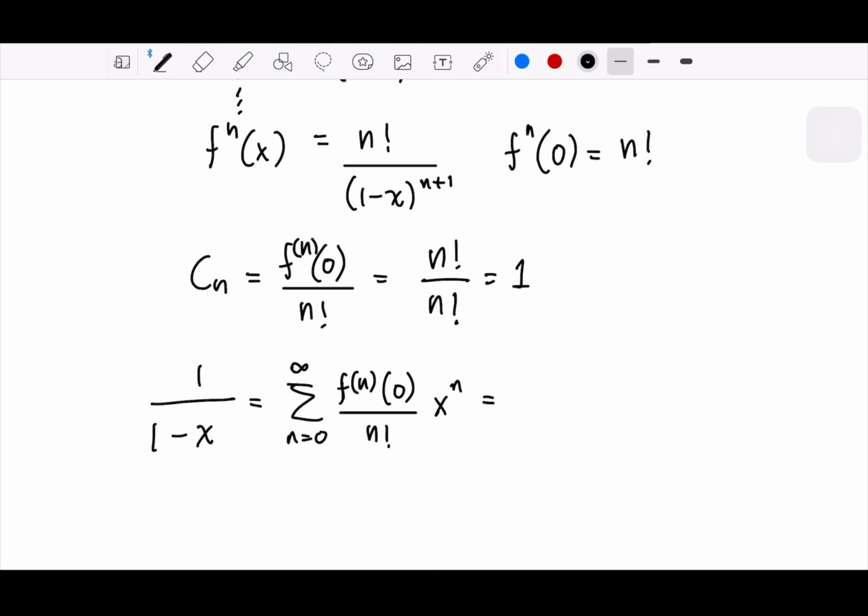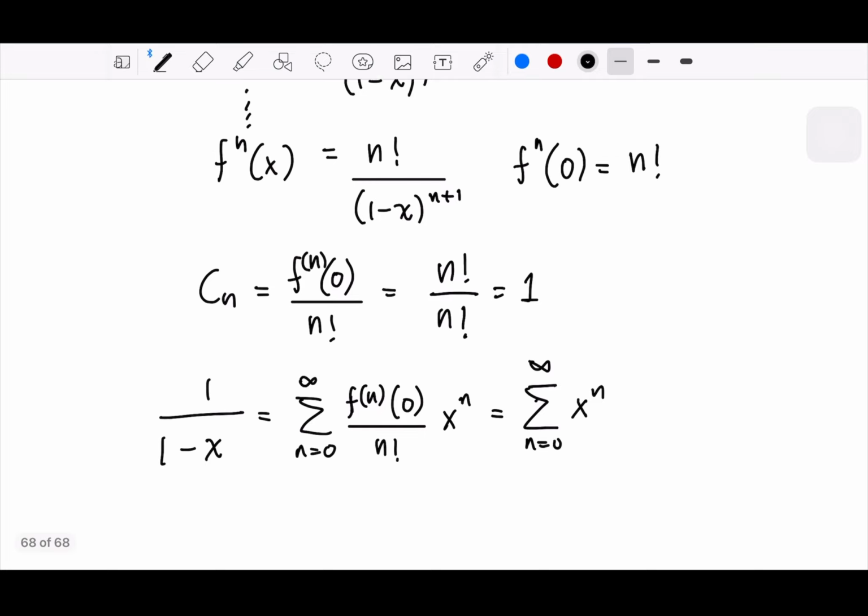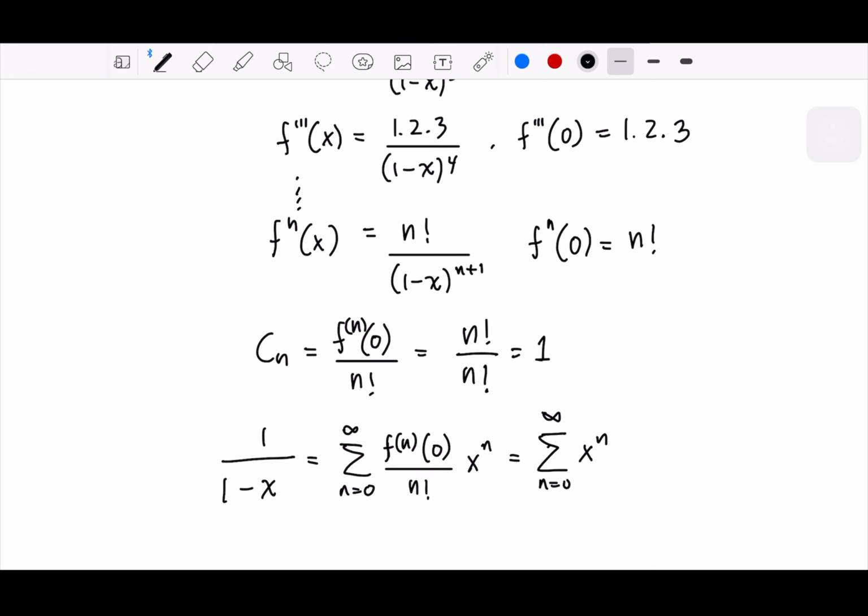Since the coefficient is 1, it is precisely true that this is x to the power of n. So all the representations that we have in the power series, we can also represent in terms of Taylor and Maclaurin series.